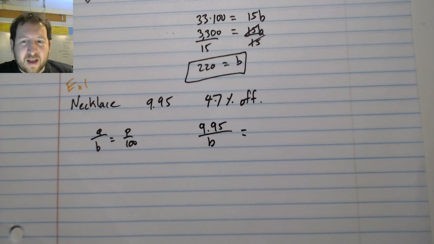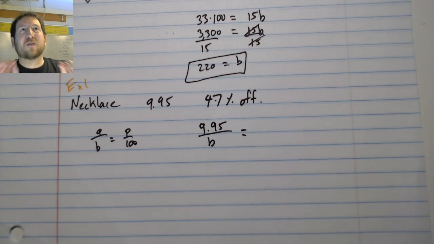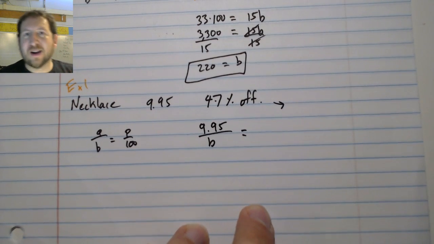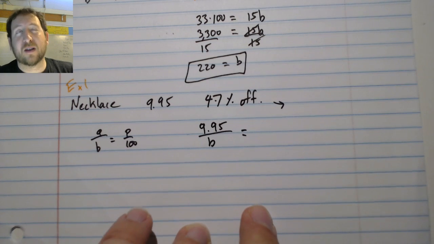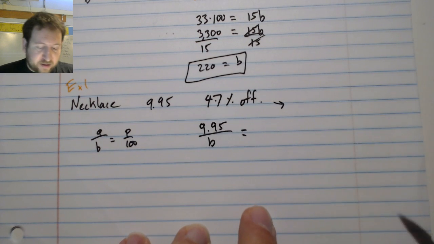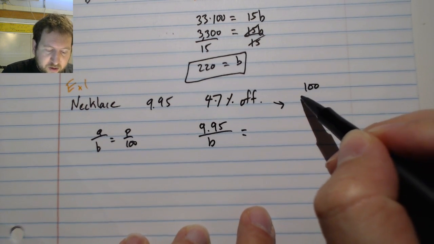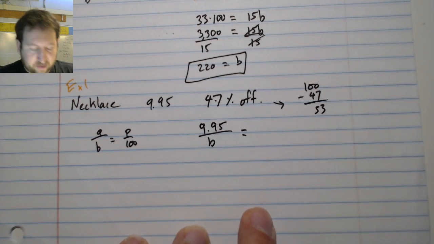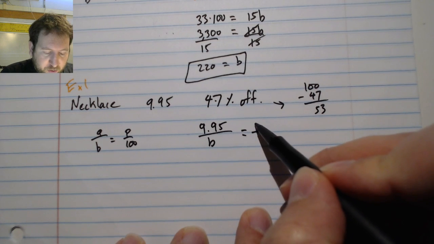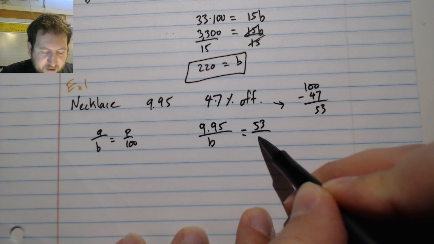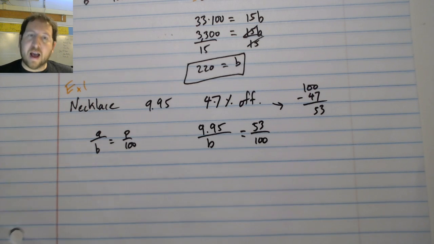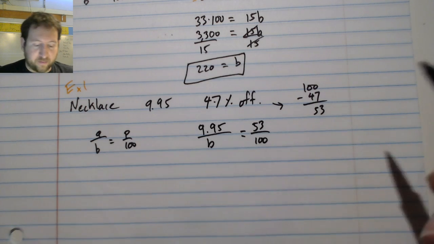So we need to remember that we want to know the current price that we're paying. So if something is 47% off, the current price would be 100 minus 47, which is 53. So our actual percent that we're paying is 53% out of 100. That's the current price of the item relative to everything, if that makes sense.